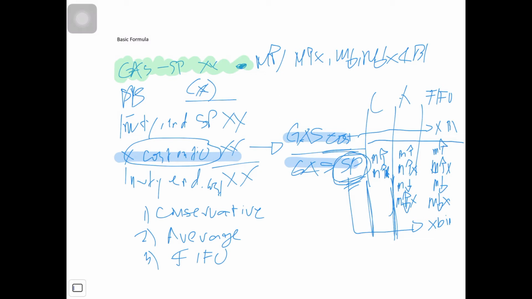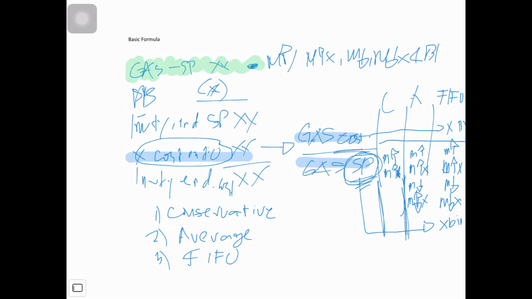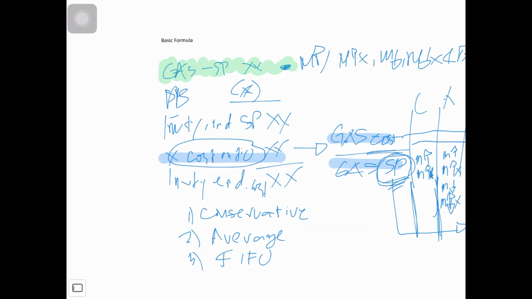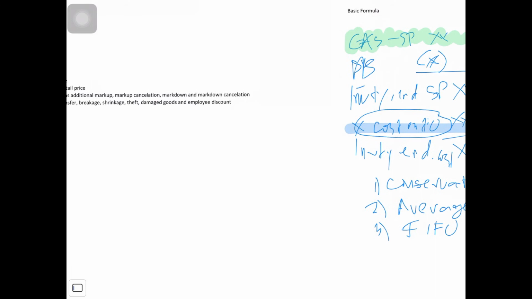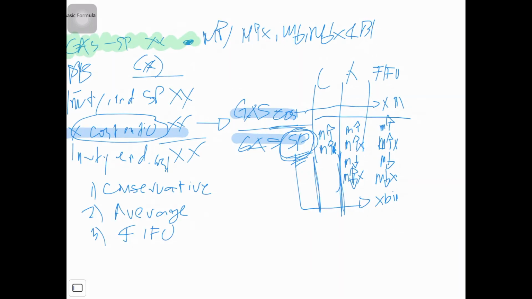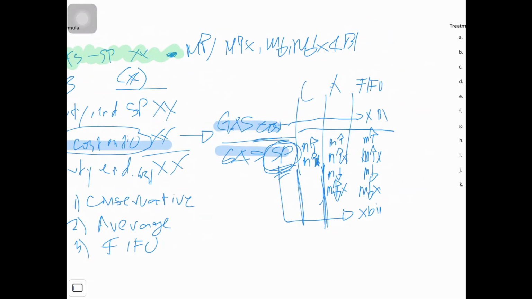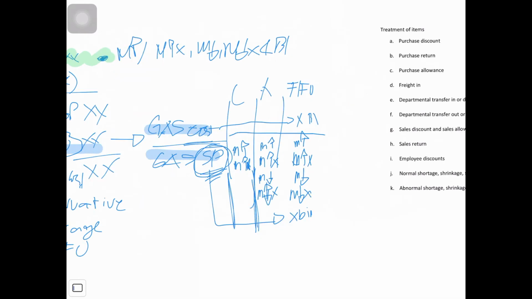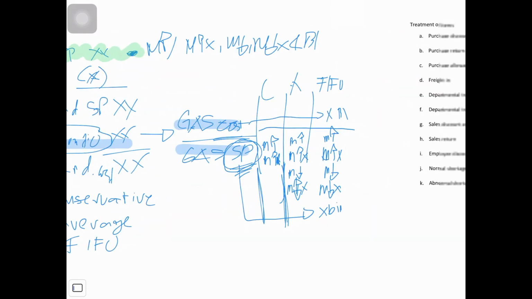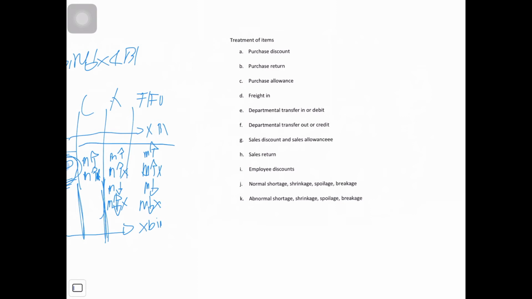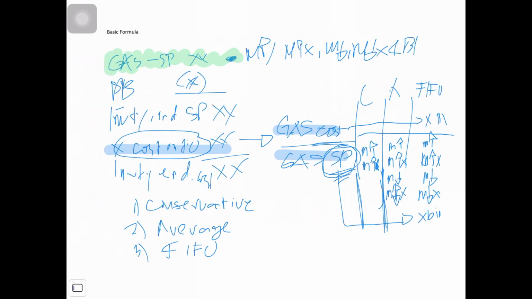Maybe it would be easier if we illustrate it with an example. Let's start with the markup and markdown, guys.